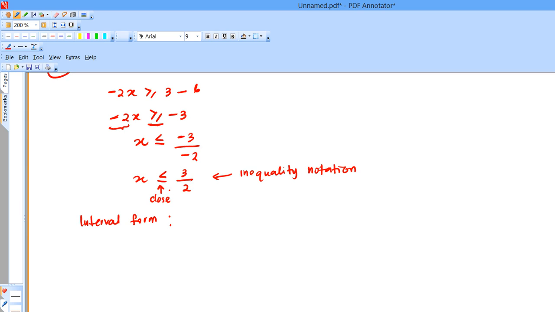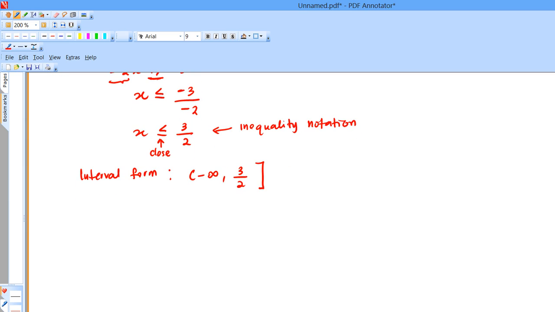So less than or equal to 3 over 2, starting from negative infinity to 3 over 2 with a closed bracket. And how to write it on the real number line? We have one value here, 3 over 2, and the closed bracket means a black dot. And then we move to the left-hand side.